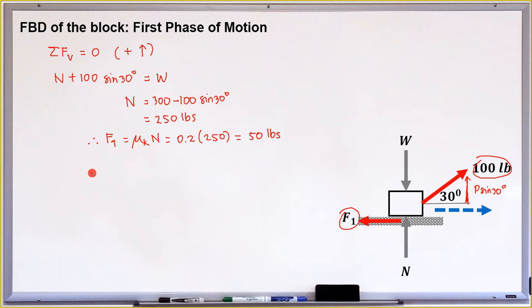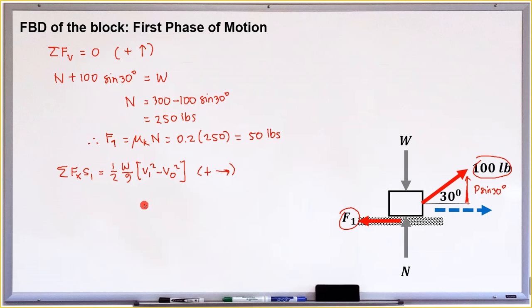So our work and energy equation, that is the summation of the force along x times the displacement S1, is equal to 1/2 the weight over g times the change in the velocity, that is v1 squared minus v0 squared. Okay? So for the summation of forces, we take positive if towards the right.